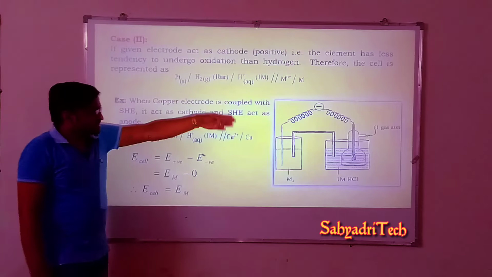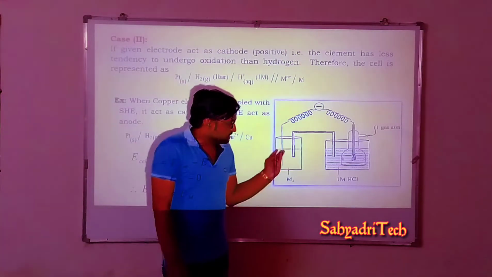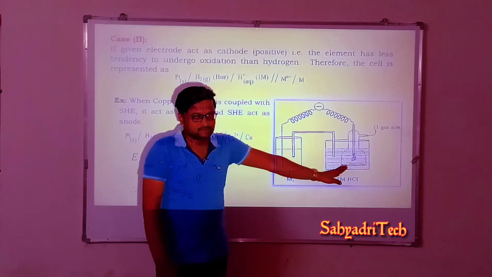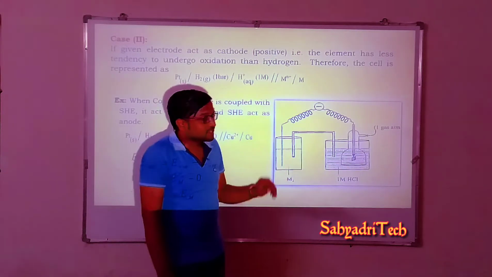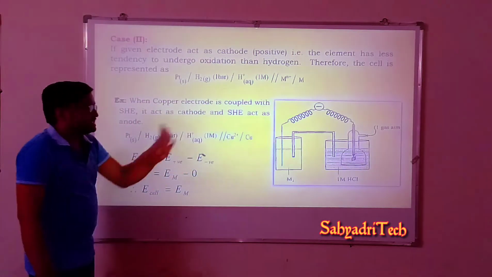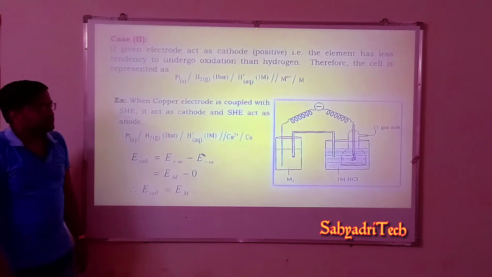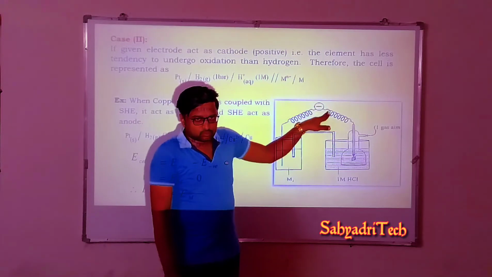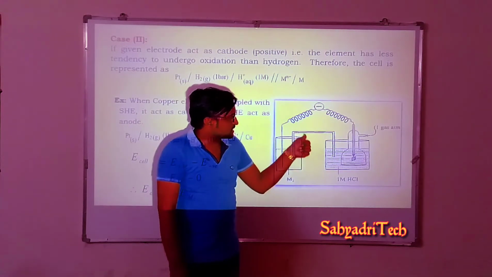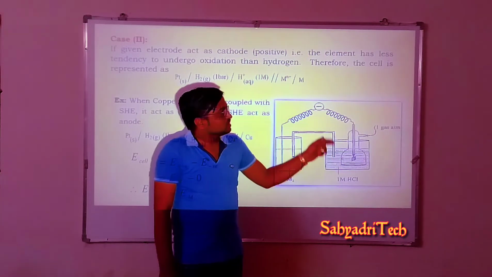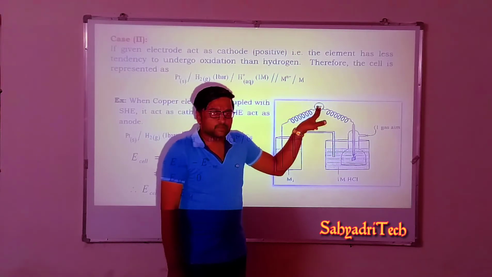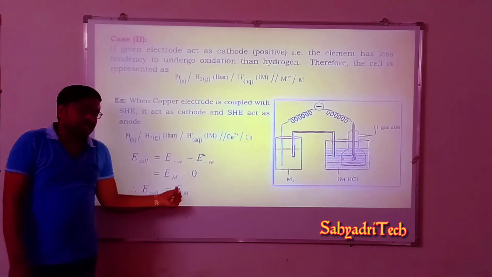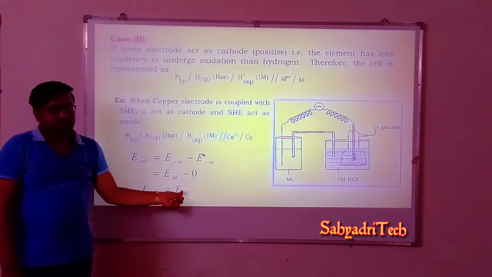Further, considering the representation diagrammatically, if a copper electrode is coupled with SHE, the copper electrode acts as a cathode while SHE acts as an anode. Again, the electrodes are externally connected to a potentiometer and the solutions are connected by means of a salt bridge. Whatever deflection is observed in the potentiometer is itself the electrode potential of that electrode.